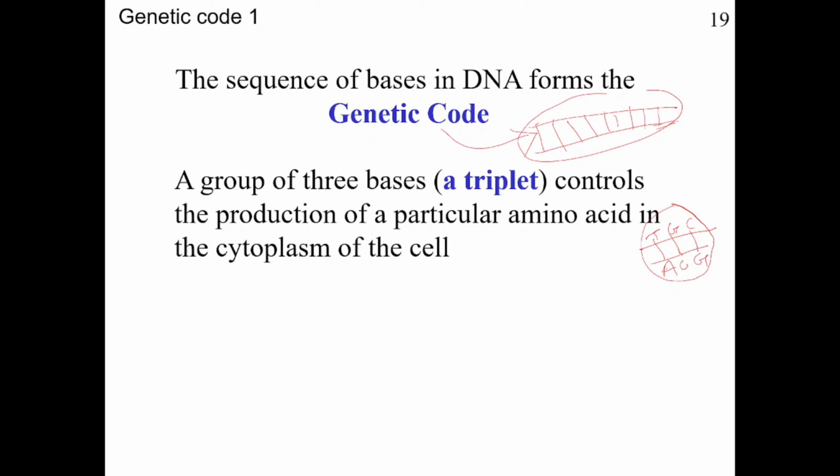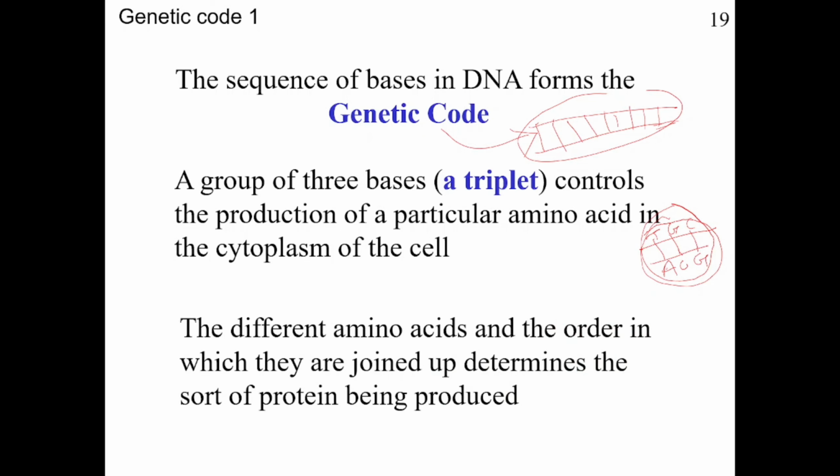How does it control? The triplet controls the production of a particular amino acid. These three are responsible for the production of a particular amino acid. The different amino acids and the order in which they are joined up determine the sort of protein being produced. These amino acids produce a protein.